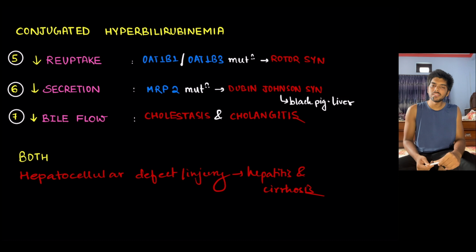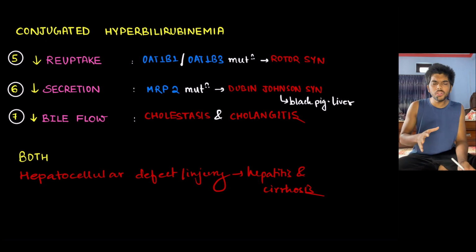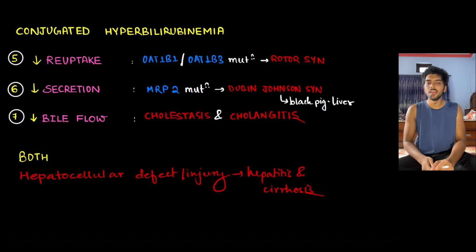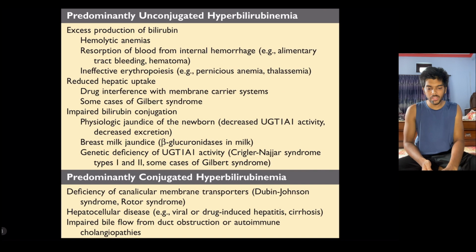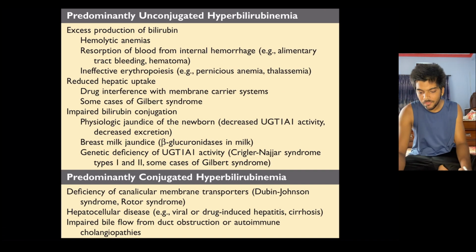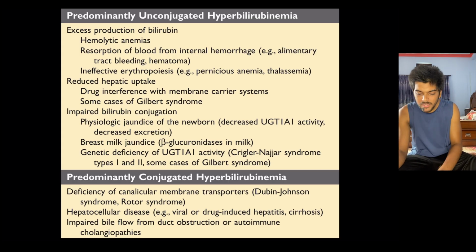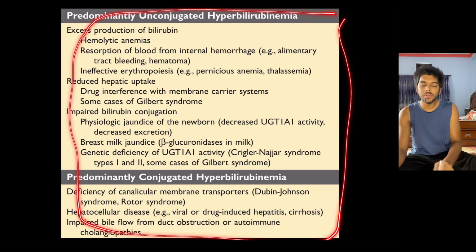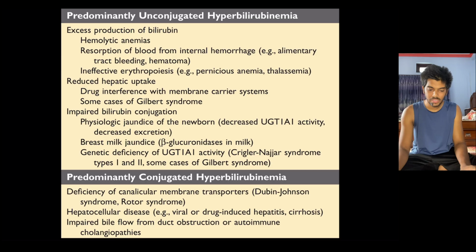In hepatitis, cirrhosis, any sort of hepatocellular defect like chronic liver disease, right? There is increment of both conjugated and unconjugated bilirubin. Okay, so every point that I have mentioned has been mentioned in this table, and this table is from Robbins. So every point I have said is indeed from Robbins.